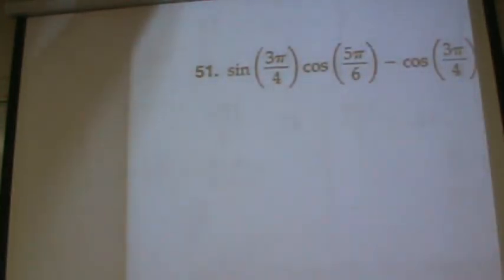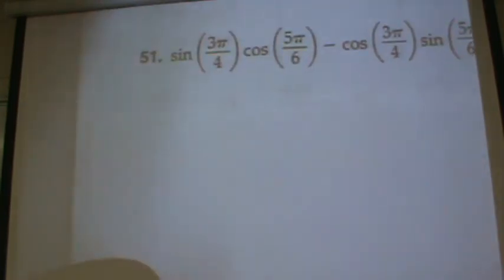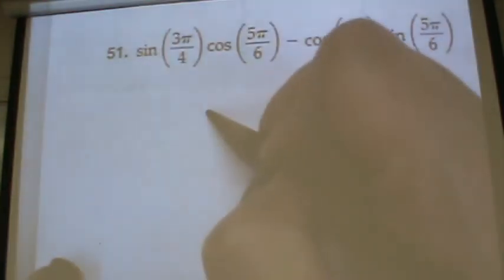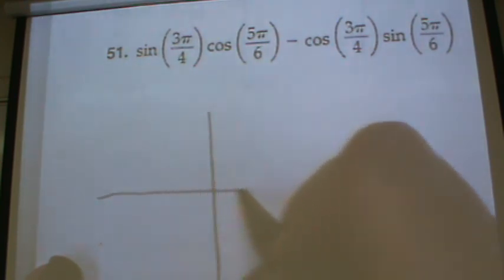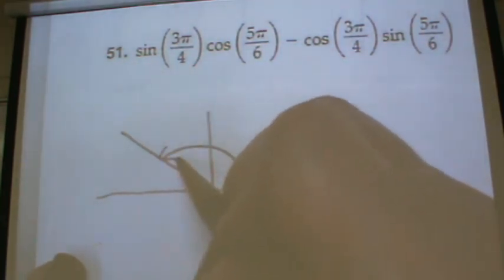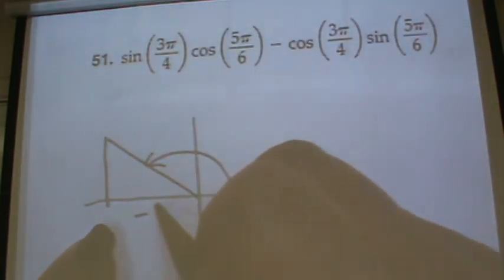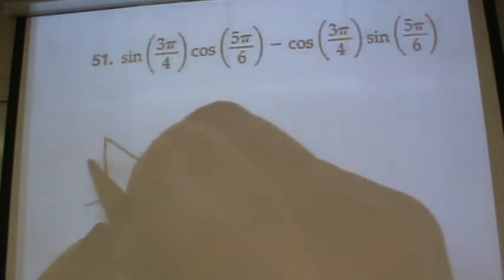Now these two get harder. 51. Where's 3/4 pi? 0, negative 1. Just kidding. Here's 3/4 right here. So this is where we have to use pi over 4, which is negative 1, 1.